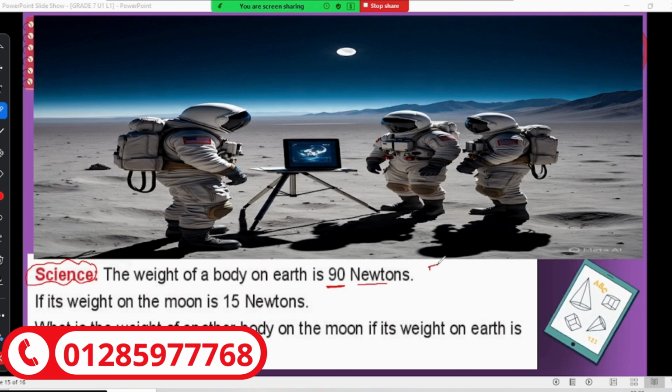We write here Earth and here moon, and the weight on the Earth 90, the equivalent on the moon 15, and what is the weight of the body on the moon equivalent to 60 Newtons on the Earth?